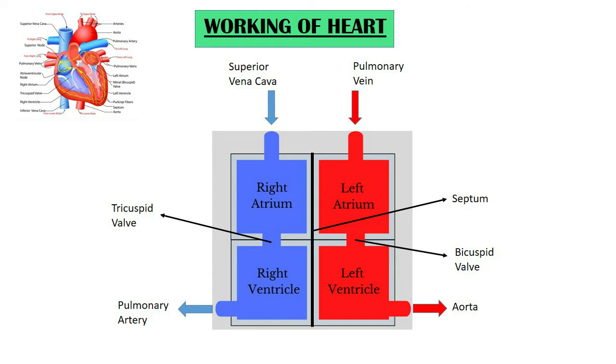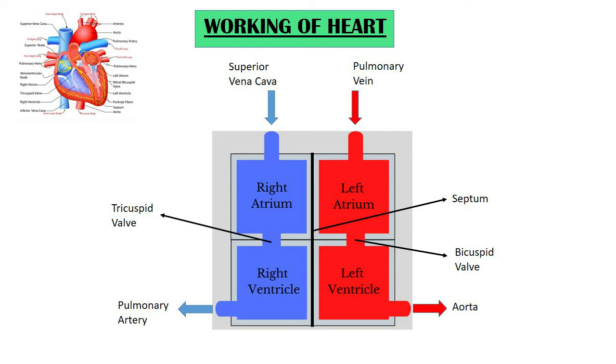So let's see how the blood flows in these four chambers. When the atriums are relaxed, in the right atrium, deoxygenated blood from the entire body comes to this part through the superior and inferior vena cava. At the same time, the oxygenated blood comes to the left atrium through the pulmonary vein.